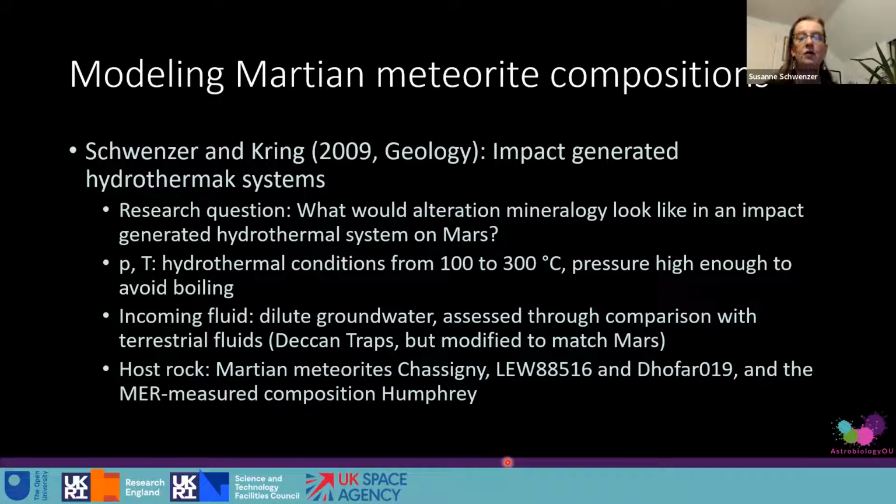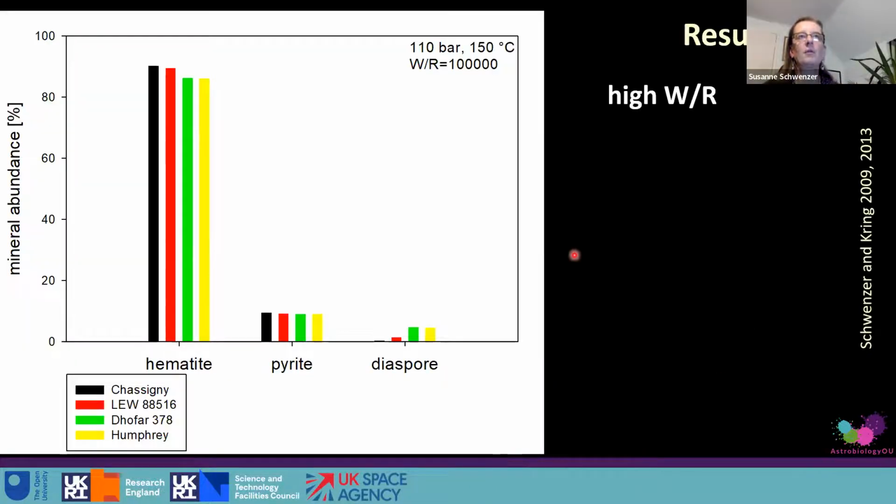I will show you more detailed results in later examples, but let's start to compare and understand what a water to rock ratio means and what that does to those different compositions. So I am looking here at all the models I ran at 150 degrees C. I chose the pressure to be just high enough to prevent boiling. And I have a very high water rock ratio of 100,000.